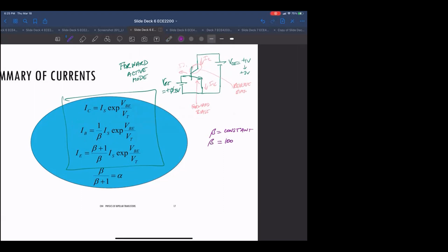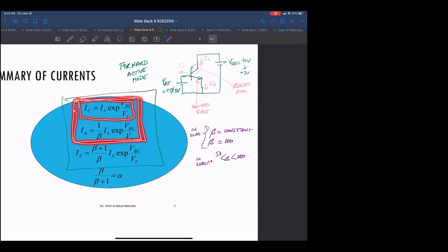In reality, so this is in class. In reality, it might be anywhere between 50 and 200 or something. It could vary more. It just depends on the design of the transistor. Okay, and then the emitter is just the collector minus the base. When you calculate it out, it just ends up being that. So basically, this is really the two things you have to remember.